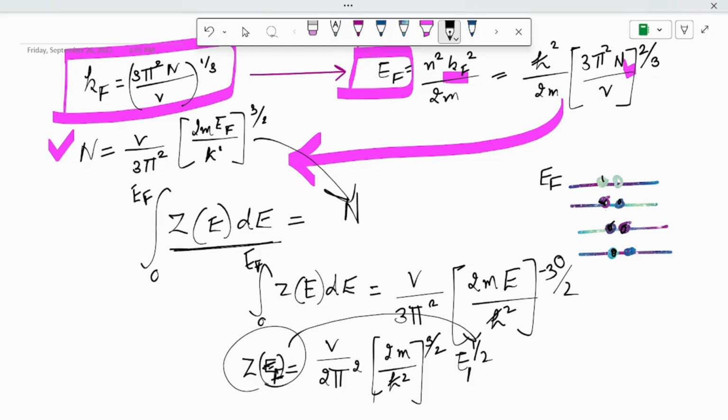We will get this as EF, and the formula of EF we have already calculated.